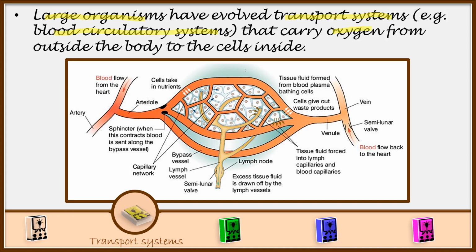This carries oxygen from outside the body to the cells inside. Because the diffusion distance is long, large organisms have evolved transport systems, and these are the ones that transport oxygen inside the body from outside of the body.